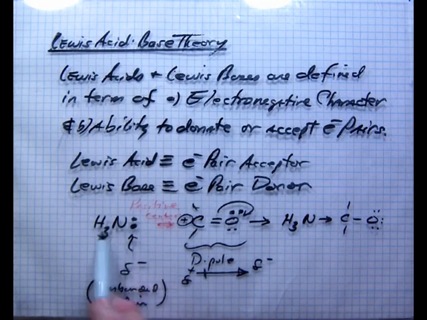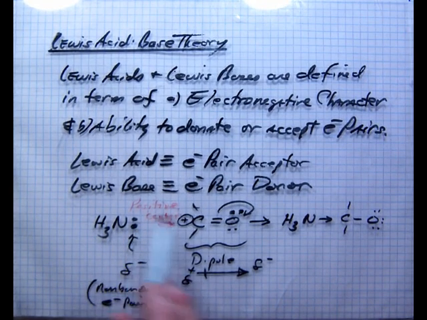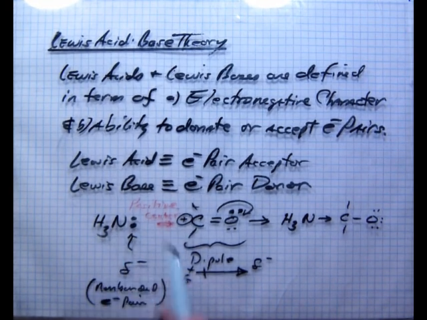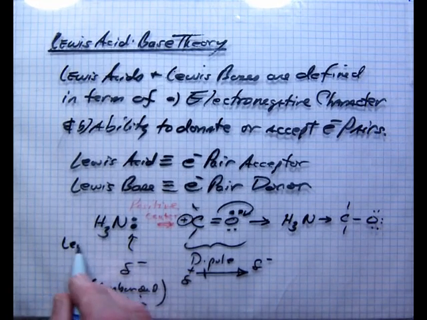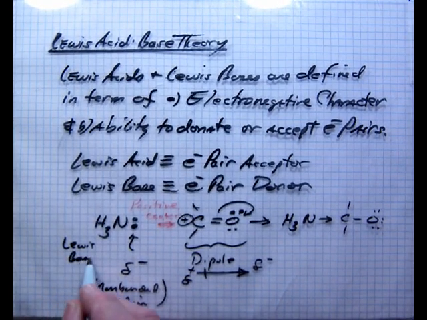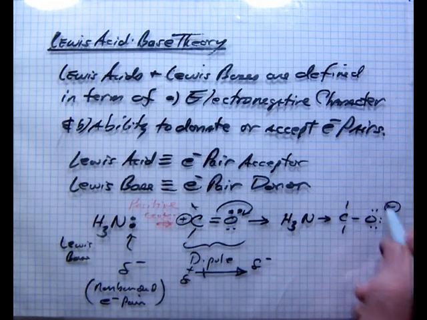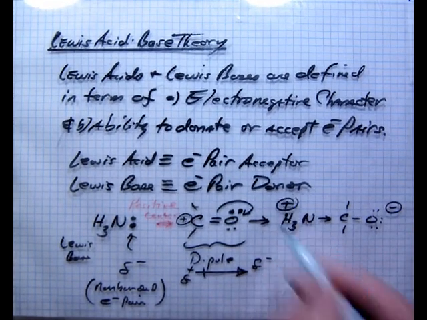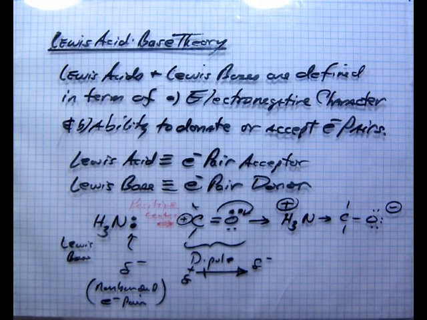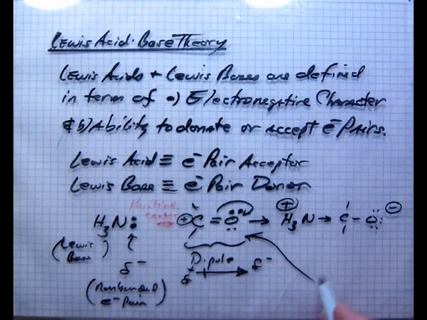The donor, ammonia donating its electron pair in there, is the Lewis base. And the structure here will become a dipole in itself, not important, and will be the Lewis acid.